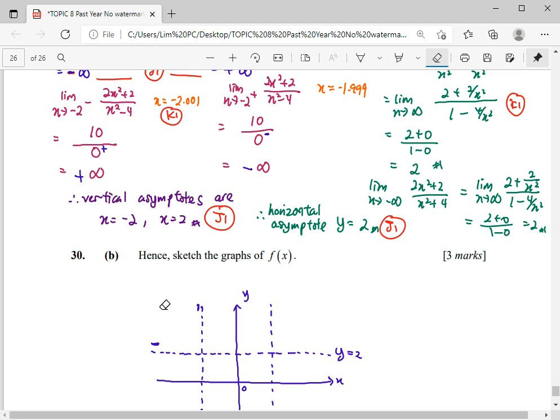So our graph will be like this. When the graph approaches negative infinity, it is close to y equals 2. When the graph approaches -2 from the left hand side, it goes to positive infinity. So this is our graph.